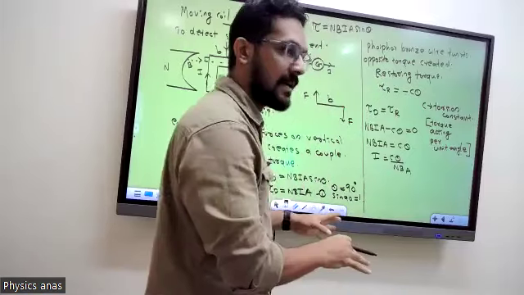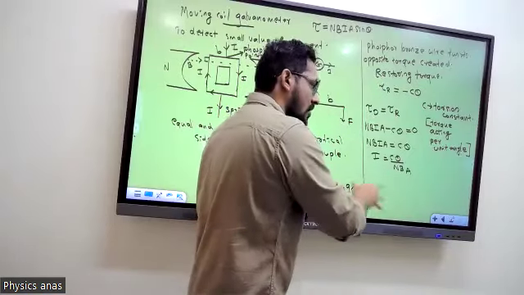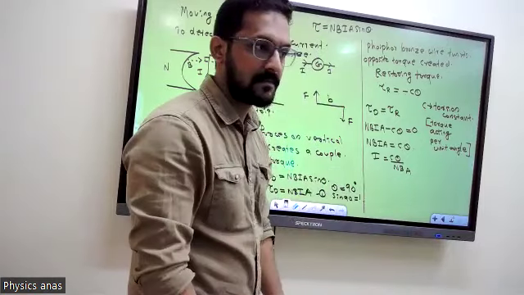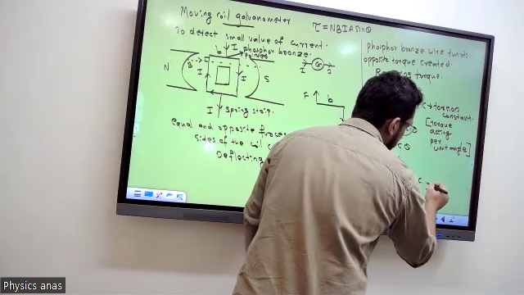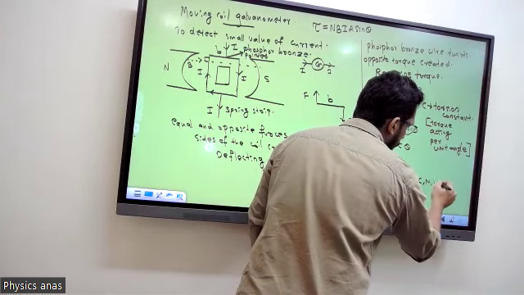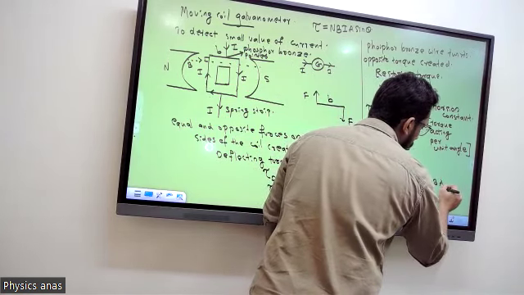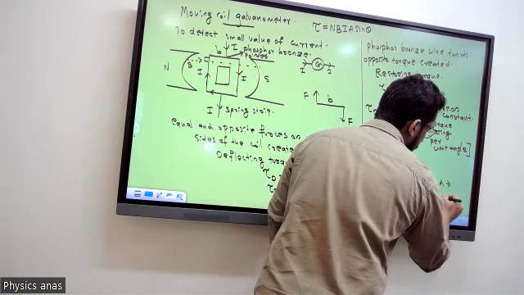So I is equal to a constant into theta. C, N, B, A, these all are constants.